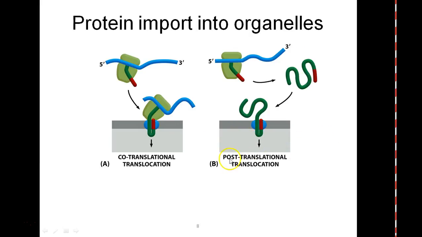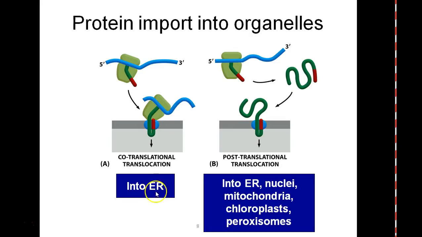And this is called post-translational because it happens after the translation of the protein. And we have some examples. This strategy is typical when you import proteins into the endoplasmic reticulum. And this strategy is specific for ER, nuclei, mitochondria, chloroplasts, and peroxisomes.